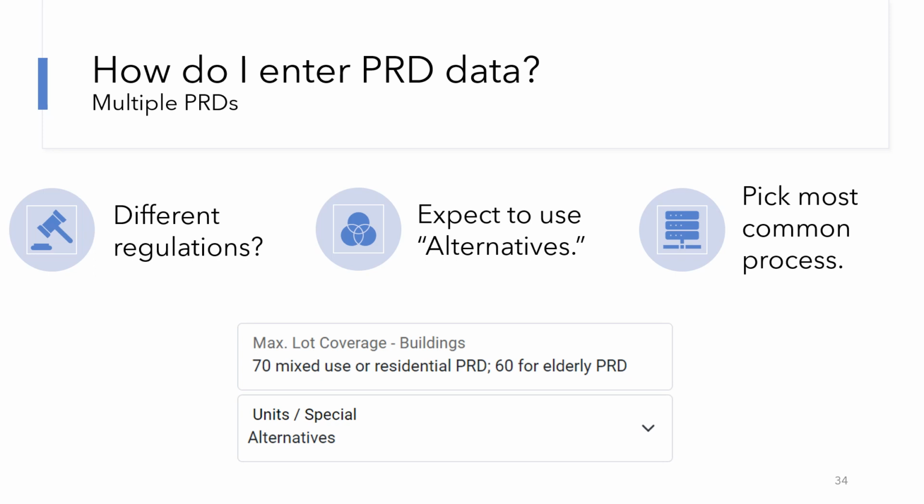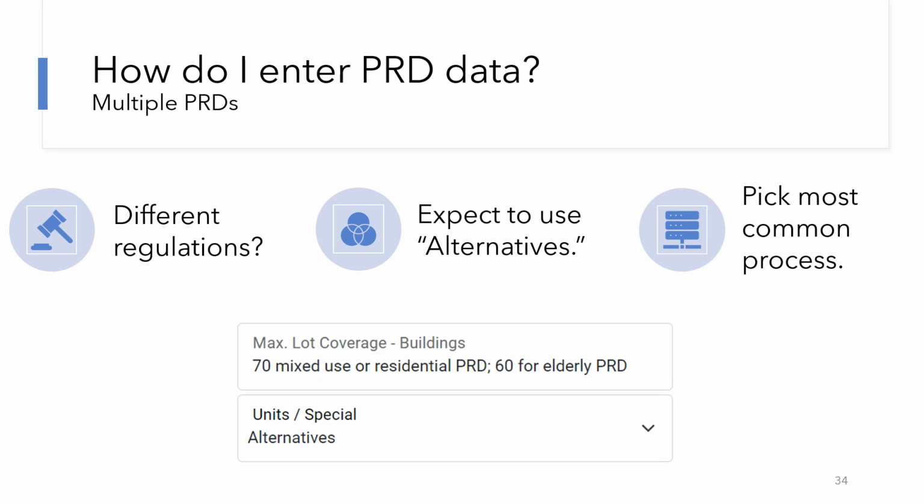When your zoning district has multiple PRDs, you will expect to see different regulations for each one. To accommodate this, you should expect to use the alternatives option under Unit/Special in order to indicate the various alternatives for different PRDs. You can see in the sample here that we have a max lot coverage for 3 different PRDs within a given zoning district.